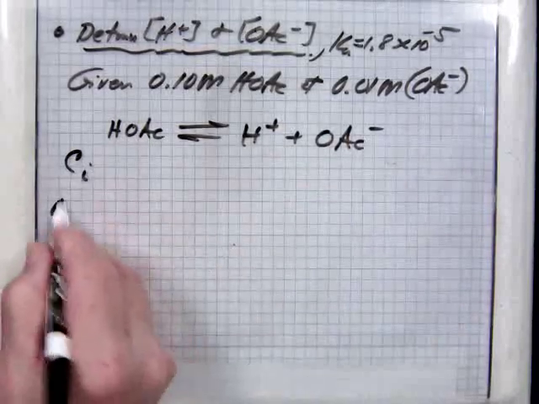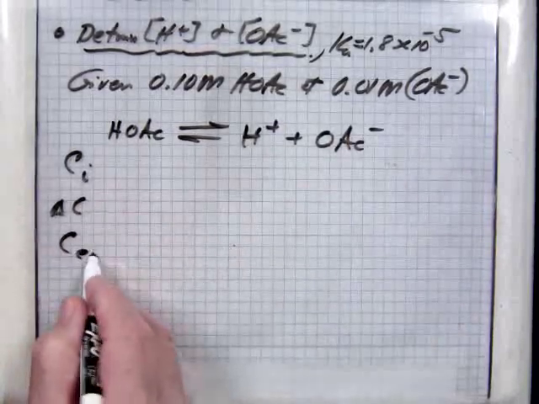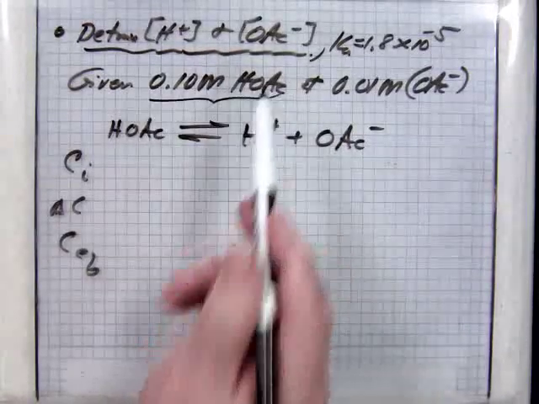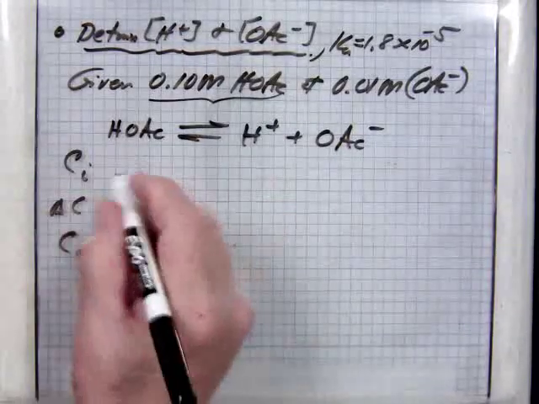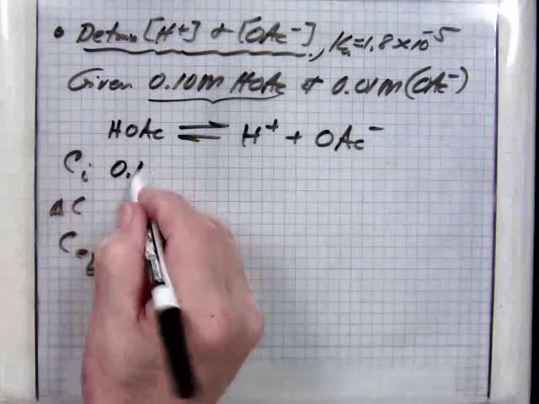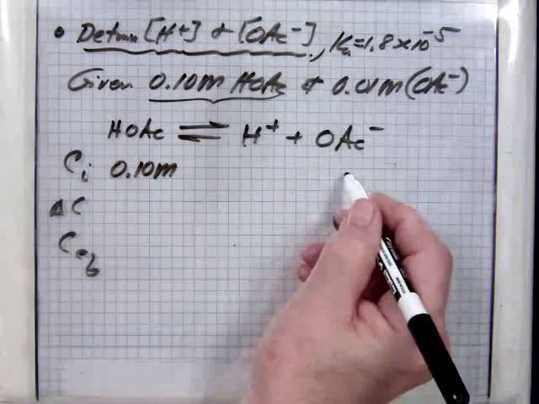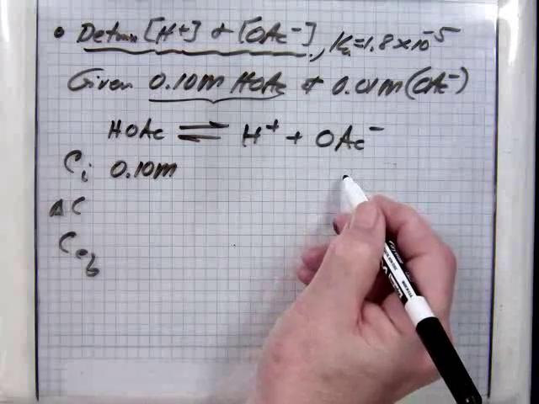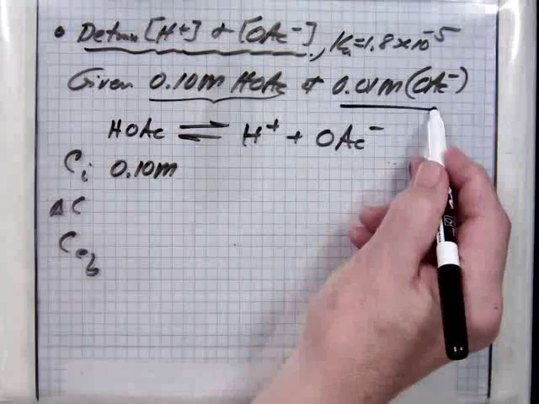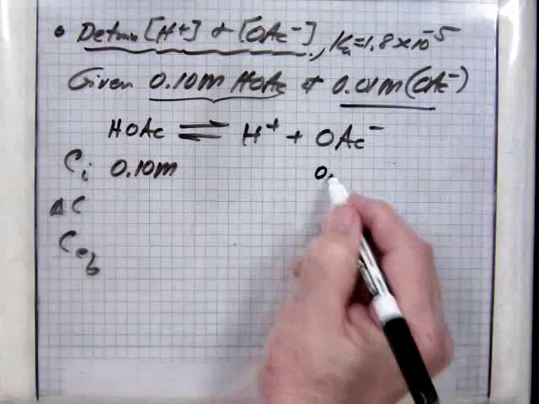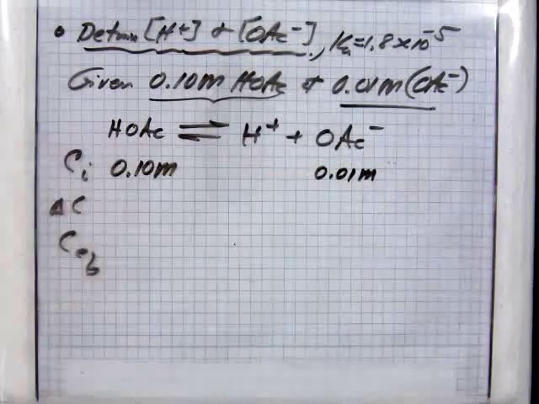Initial, change, at equilibrium. So what we're going to do is start with this 0.1 molar in the initial step, before anything happens. And in the past, you put 0 and 0 on the right. However, that's not the case in this problem. We already have a 0.01 molar in the acetate ion.